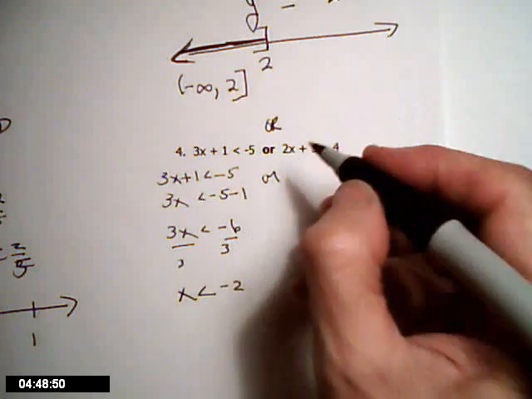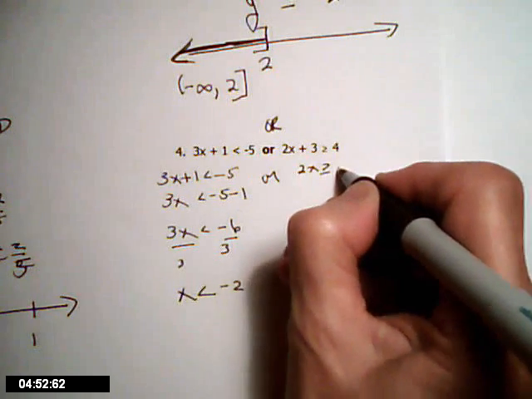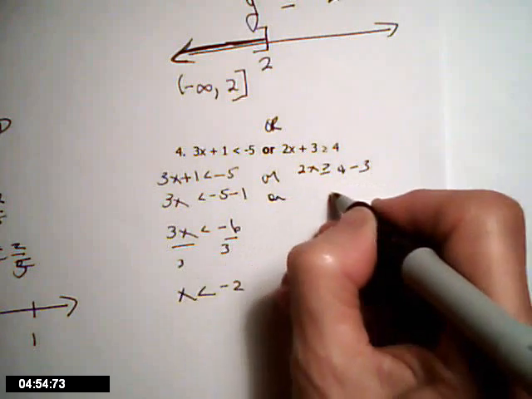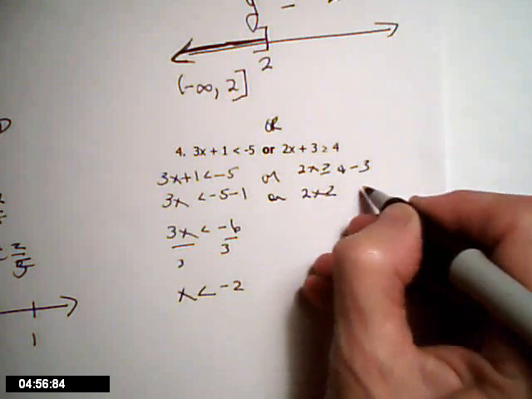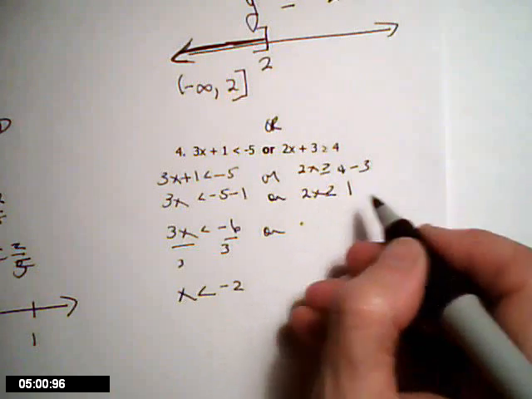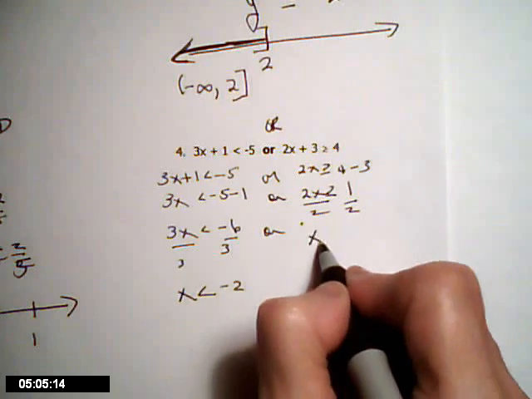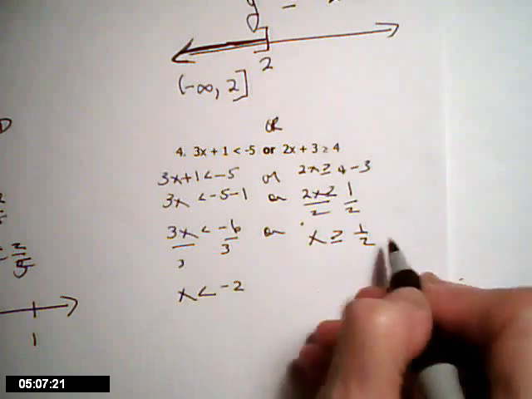Now on the other side, every time I'm going to have OR, I'm first going to move the 3. Then I'm going to simplify. 4 minus 3 is 1. Then I'm going to divide by 2. So x is greater than or equal to 1/2.